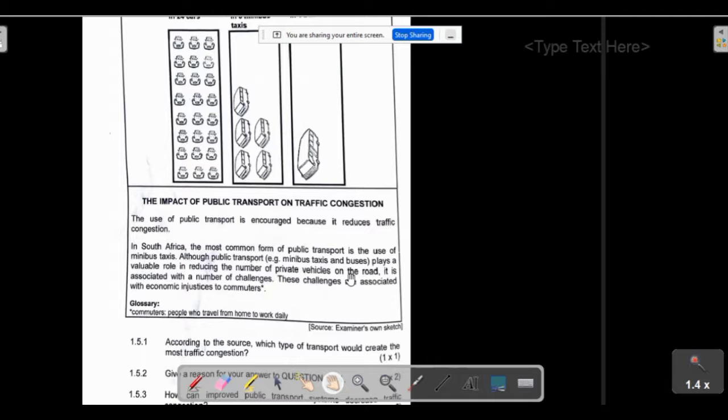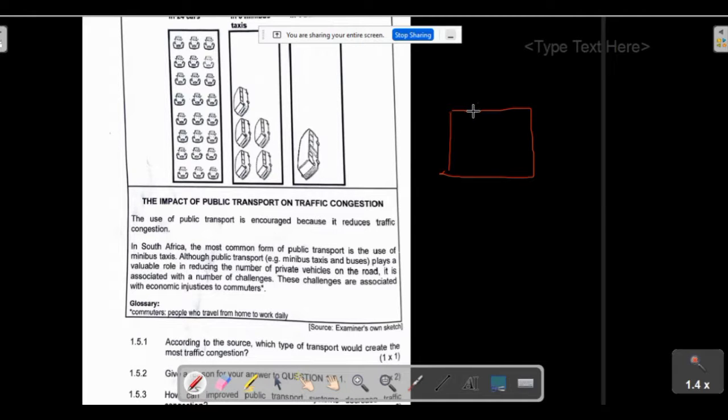The reason is because they control over 80% of the market share. That means that, as people who, so I'm just going to draw here, let's say this is us, people who are commuters, people who travel from home to work daily, people who depend on these.